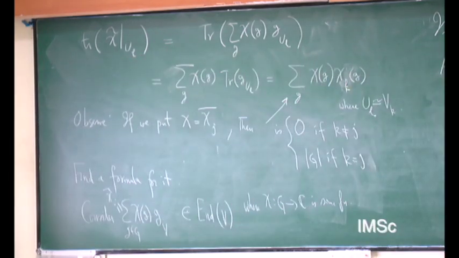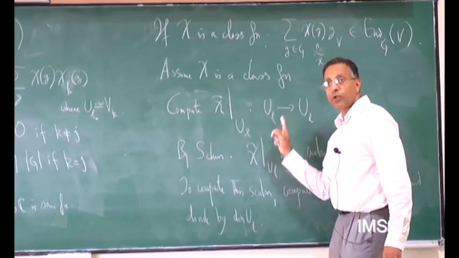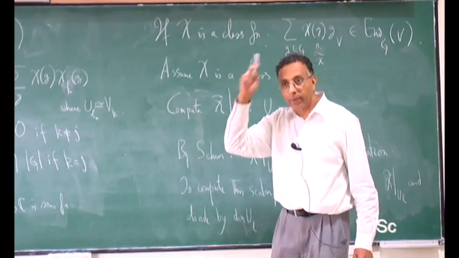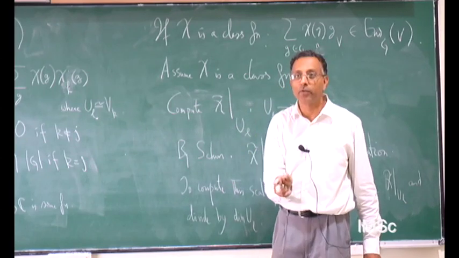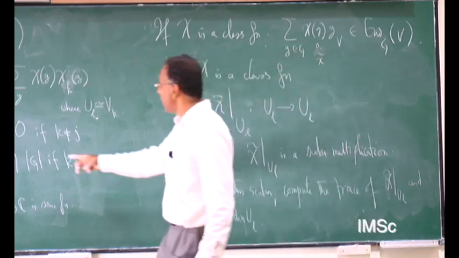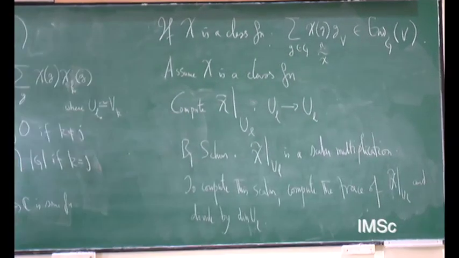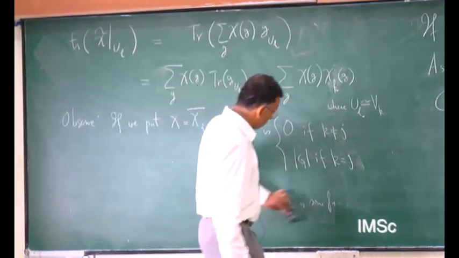So what do I have? On copies that are isomorphic to Vj, it must be the identity. On copies that are not isomorphic to Vj, it must be 0. So this part I have achieved.